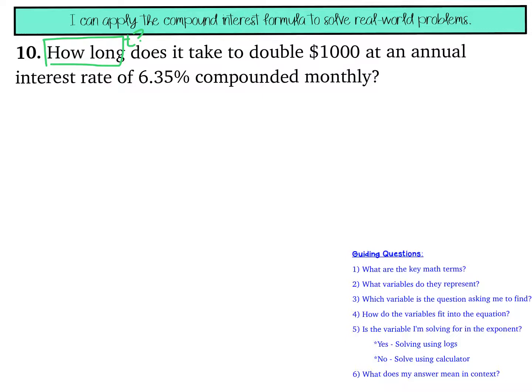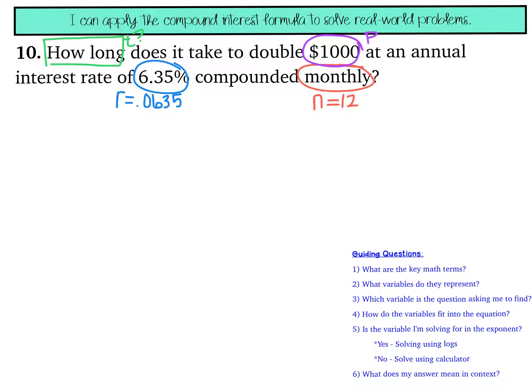All right, so I immediately notice here's my percent. So that's my rate, and it's going to be 0.0635 as a decimal. I see that I'm compounded monthly. So monthly means 12 times a year. I see that my principal, what I'm putting in, is $1,000. And so I have T, I have P, I have N, and I have R. I have to have the output.